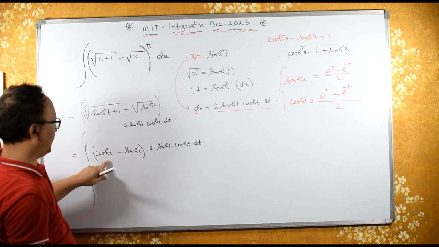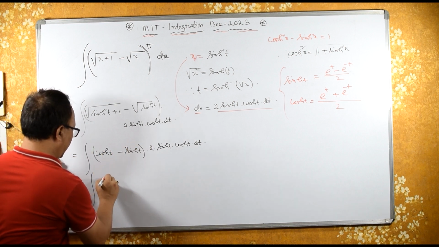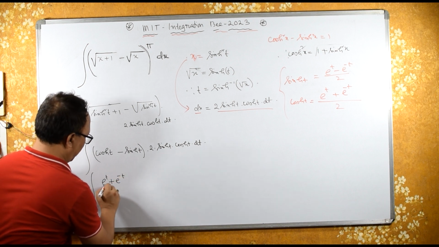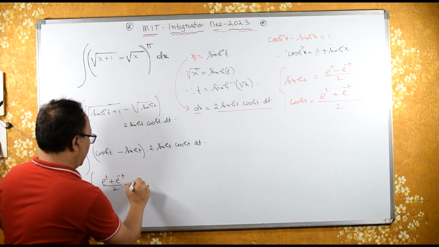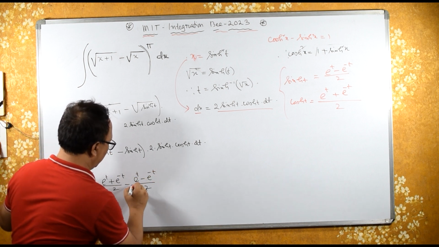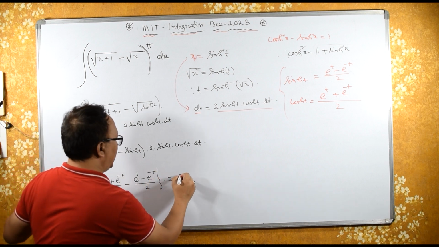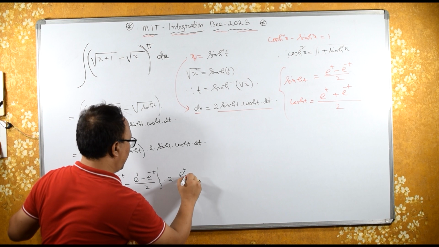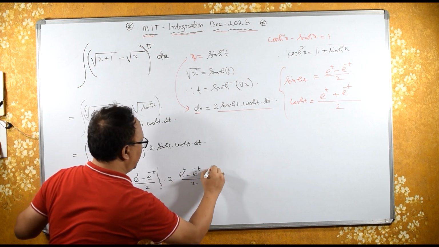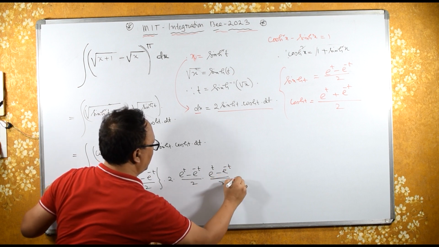This equals the integral, cos we have e raised to t plus e raised to minus t upon 2 minus e raised to t minus e raised to minus t upon 2, into twice sine, which is e raised to t minus e raised to minus t upon 2, into e raised to minus t upon 2 dt.